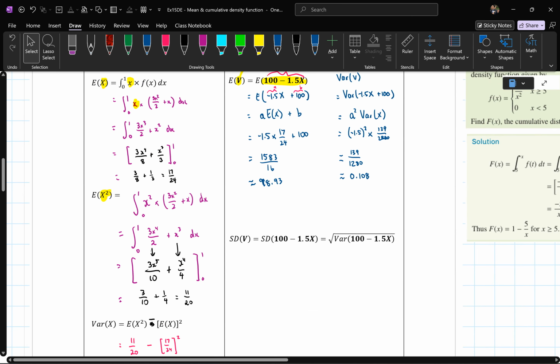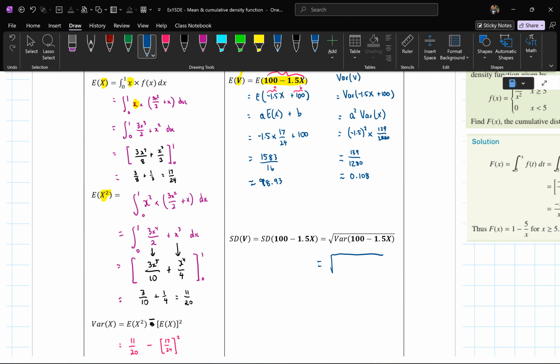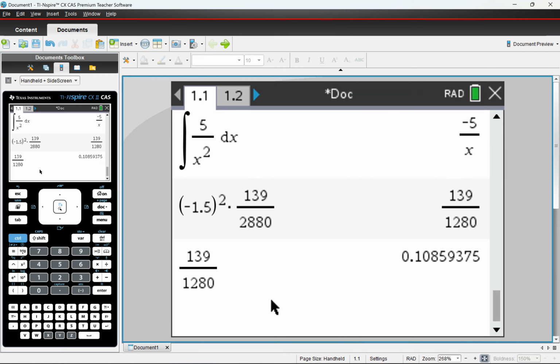So that means now you know what the variance is. Standard deviation is the square root of whatever you just got. So square root of 139 over 1280. What did you get?